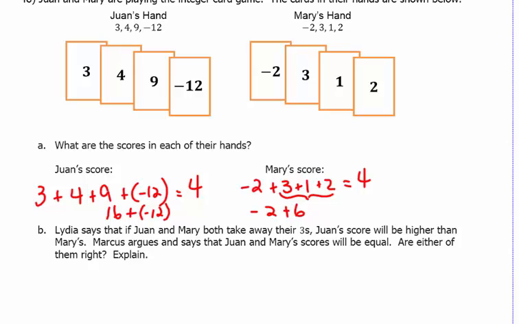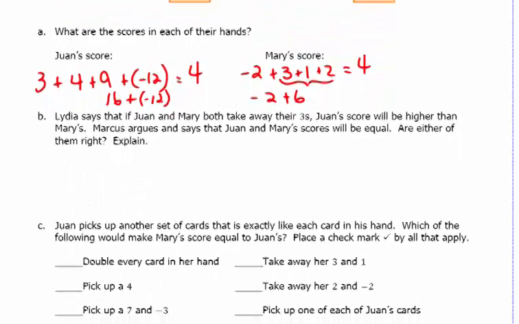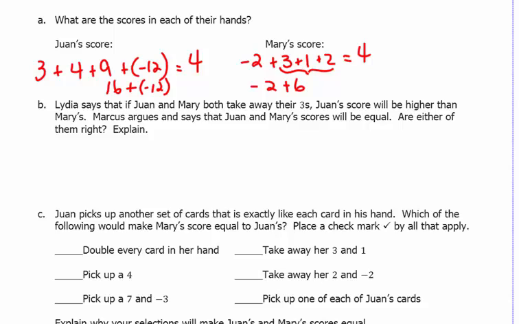Lydia says that if Juan and Mary both take away their 3s, Juan's score will be higher than Mary's. Marcus argues and says that Juan and Mary's score will be equal. Are either of them right? If I take the same number away from both hands, the 3, 4 take away 3 is 1. So there still will be the same score.